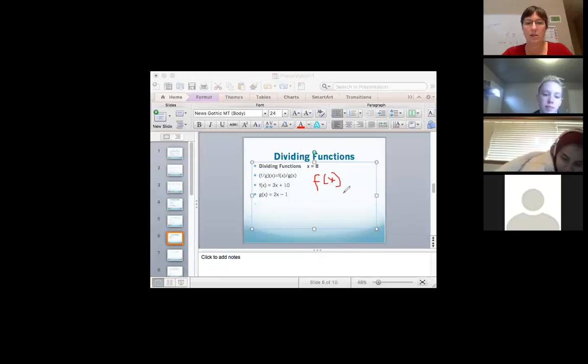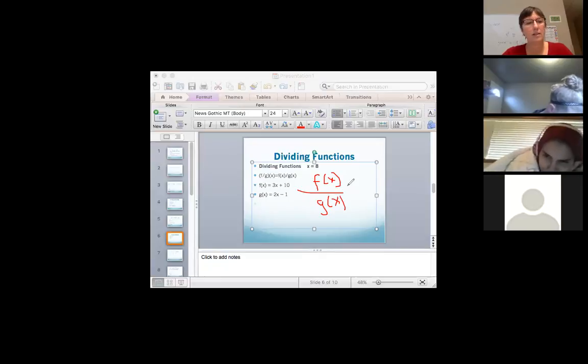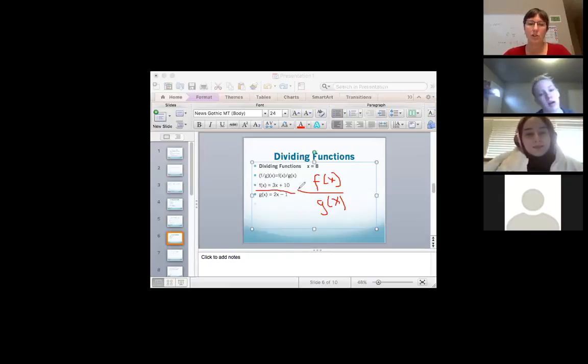I don't even think it was that basic. Something like that. And, you know, that can look intimidating, but don't be intimidated by that. Because when you're given these specific functions, you can replace that f of x. And these are the same numbers, the same basic function that we had before.